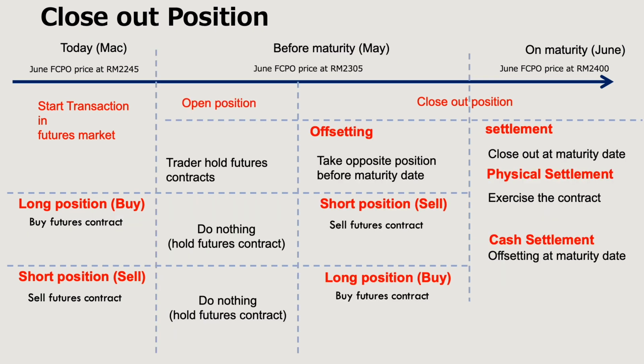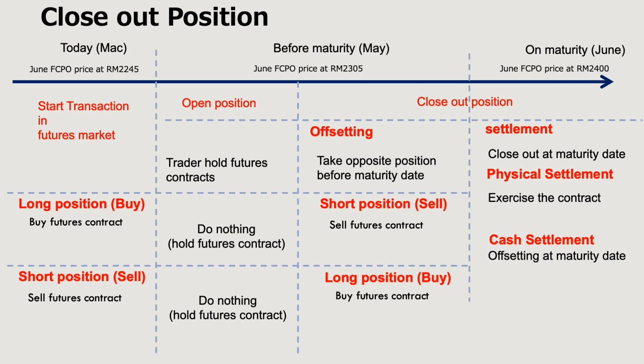So to summarize our lecture today, in this video, you learn about how to open your position in futures market. So basically, you can open your position in futures market by taking long position. When we say long position, that means you buy futures contract.